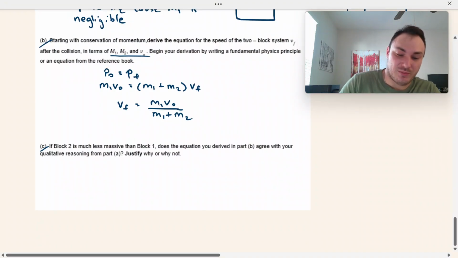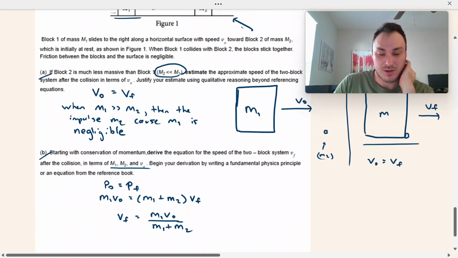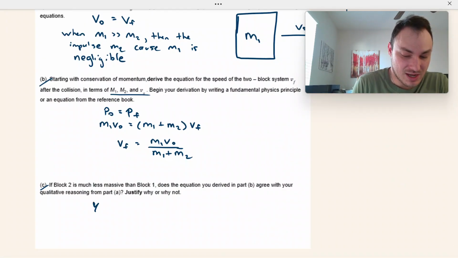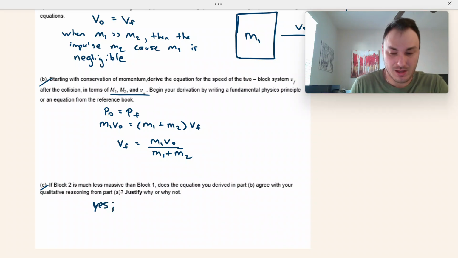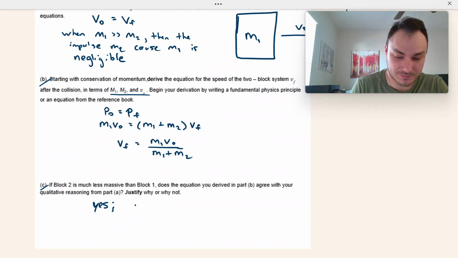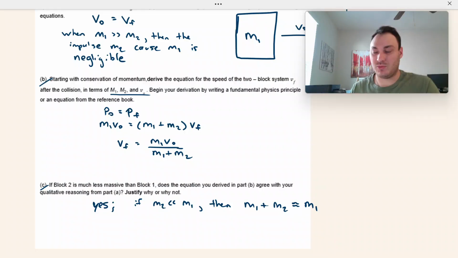If block 2 is much less massive than block 1, does the equation derived in part B agree with your qualitative reasoning from part A? I would say it does. Yes, it does. If M2 is much less massive than M1, then we can say that M1 plus M2 is just M1.